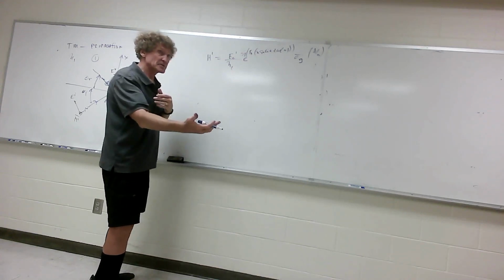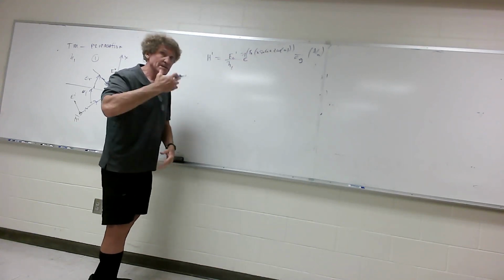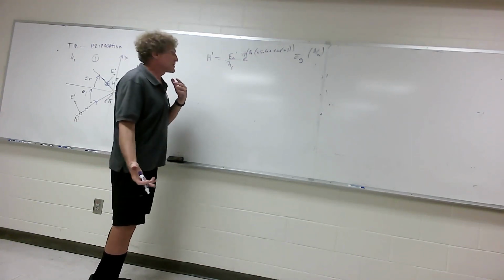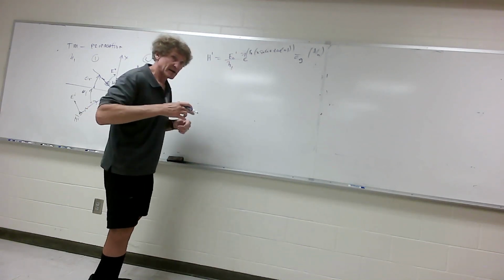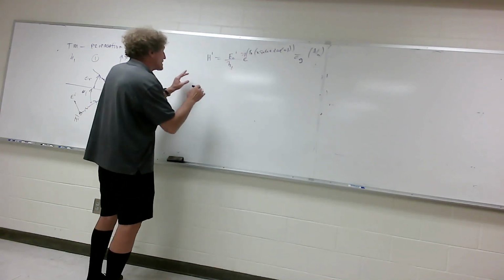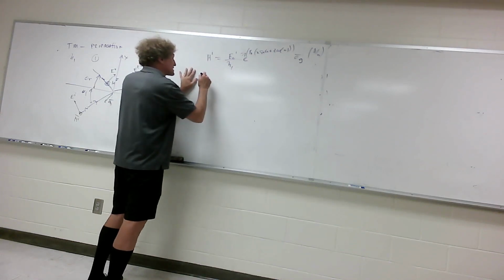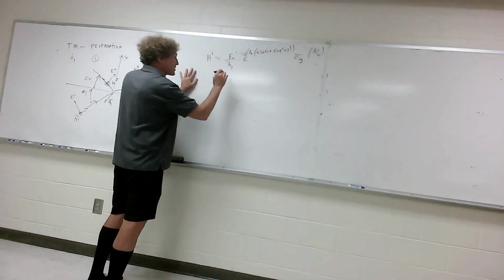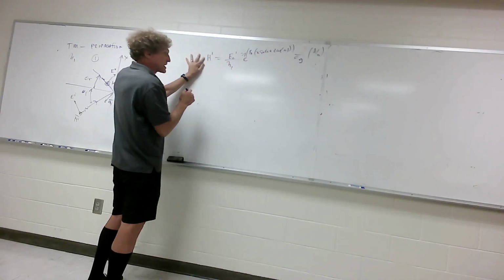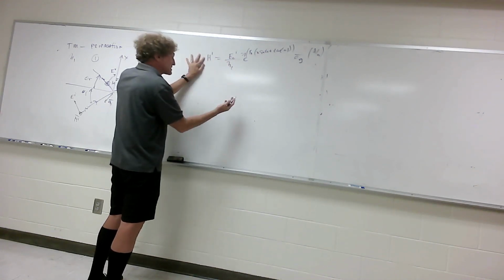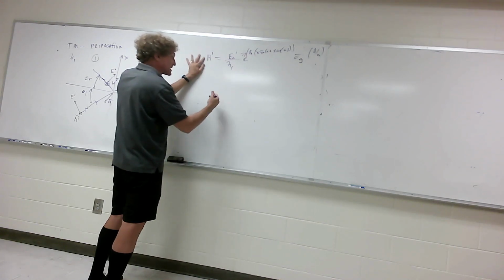The transmitted magnetic field's ratio to the incident E field is not the same as the transmitted E field to the incident E field. They're different because the eta values affect it differently. So that's the incident electric field. There'll be a transmitted electric field and a reflected one, and this is the incident magnetic field. There'll be a transmitted magnetic field and a reflected magnetic field.